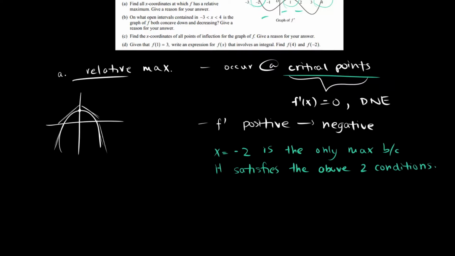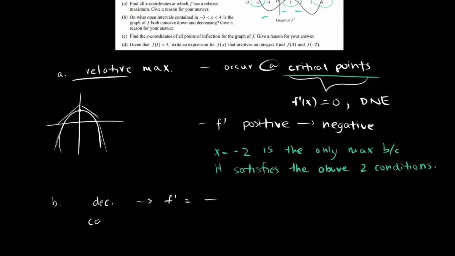Part B asks, on what open intervals contained in -3 to 4 exclusive is the graph of f both concave down and decreasing? Give a reason for your answer. So for part B, remember that decreasing means that the first derivative is negative.